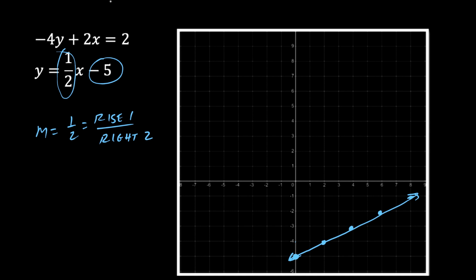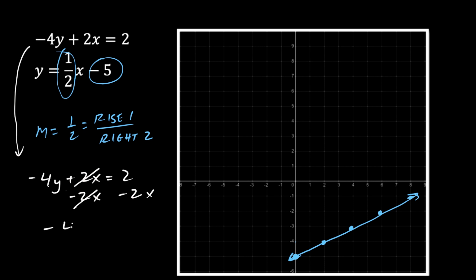Now our second equation, we need to do a little bit of work. So let's rewrite that. -4y plus 2x equals 2. As we said before, we're going to move that x term first. So if we have plus 2x, we're going to write minus 2x on each side. So that term is gone. That leaves us with -4y equals, again, we'll put our x term first, -2x, and that's going to be a plus 2.